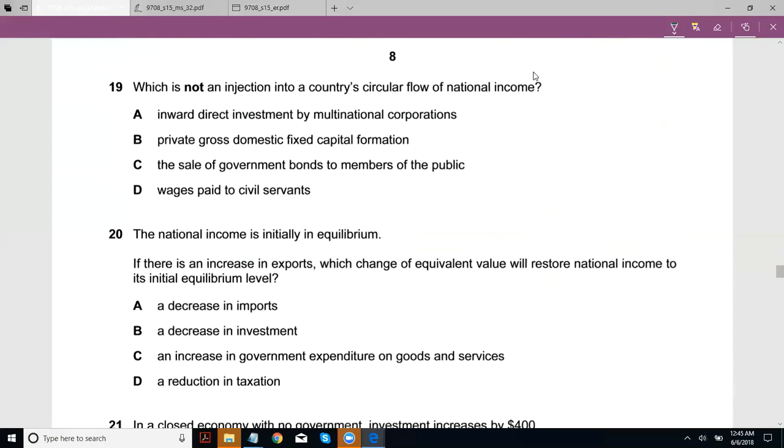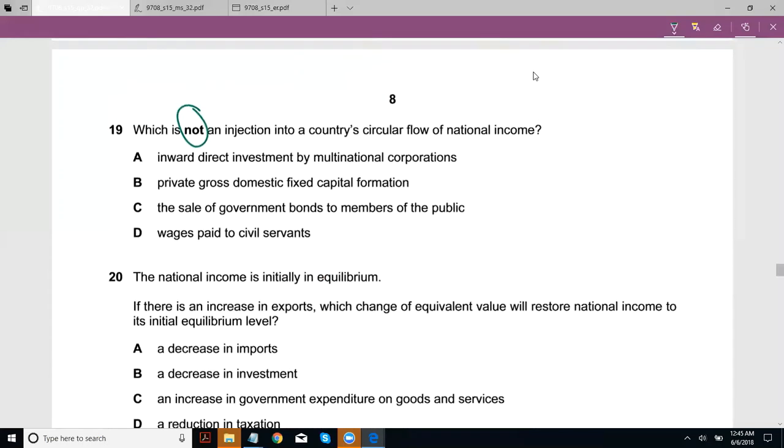And anyways, all the other three options were definitely incorrect. Which is not an injection into a country's circular flow of national income? So your injections are basically investment in a two sector economy, then you have government expenditure in three sector, and then you have export revenue that you've earned in a four sector economy.